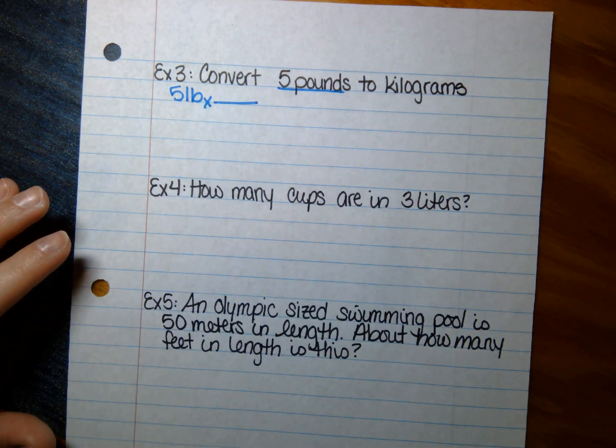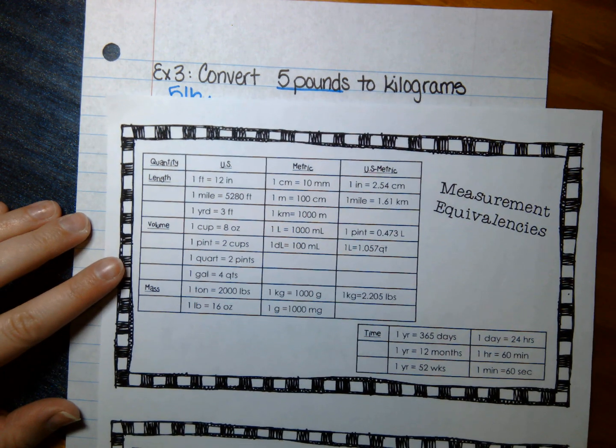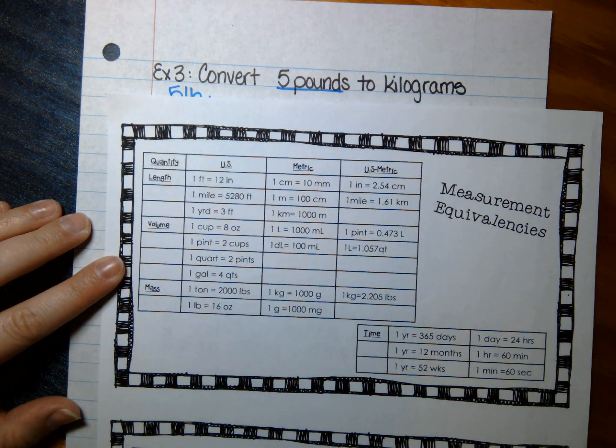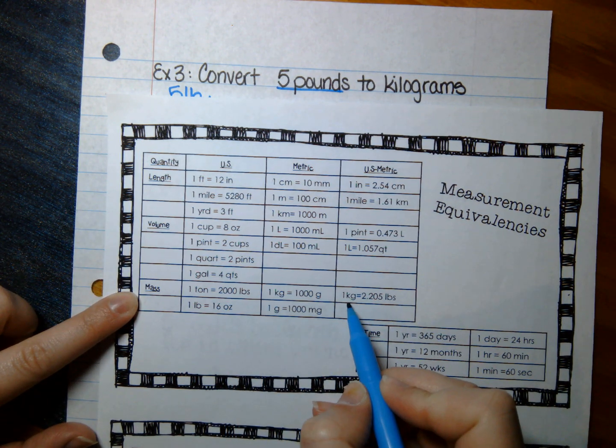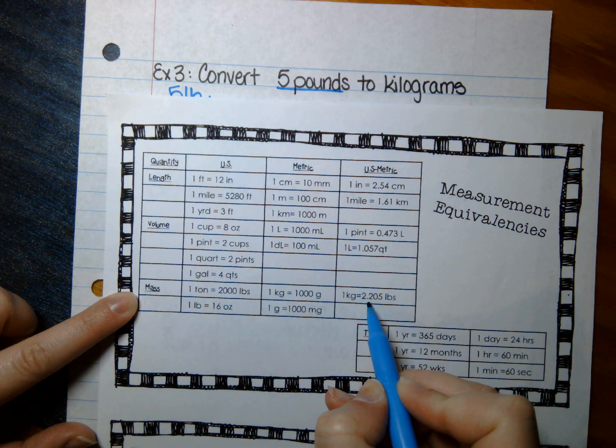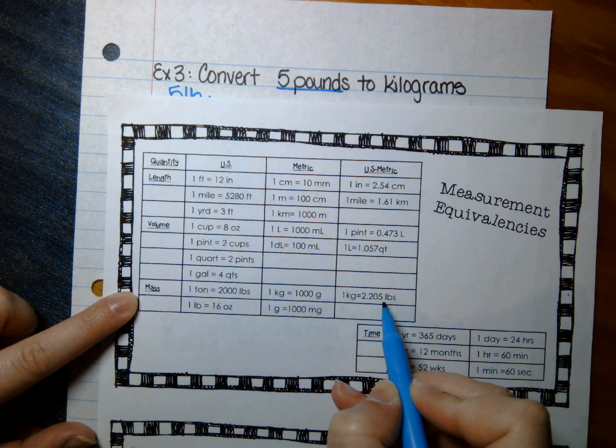If I look at my chart, if I'm going pounds to kilograms, that's a mass. So down here, I have 1 kilogram is the same as 2.205 pounds.